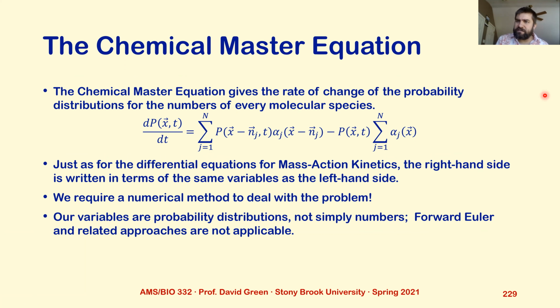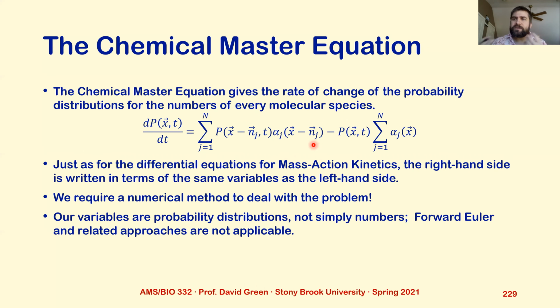And just as the mass action kinetic differential equations had on the left-hand side rates of change of concentrations, and they were expressed in terms of the concentrations, the chemical master equation has the rates of change of the probabilities of different numbers on the left-hand side, and on the right-hand side has the probabilities of different numbers of molecules, as well as the rate laws which depend on those.